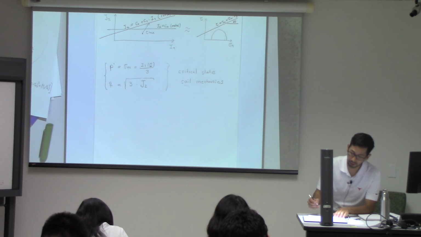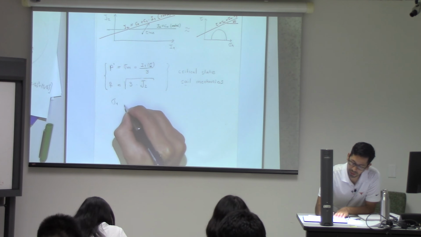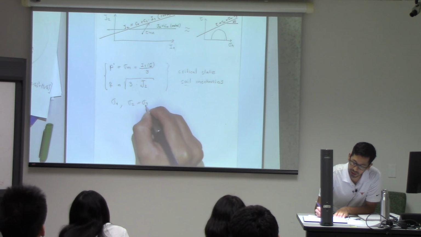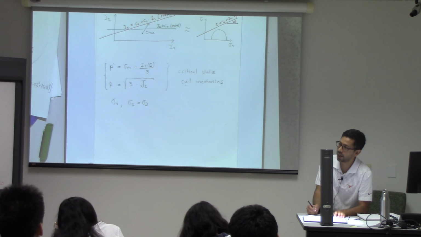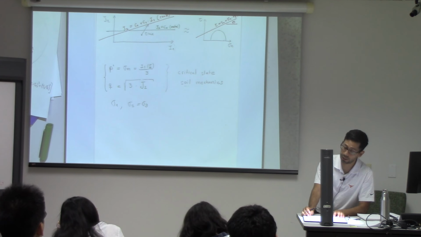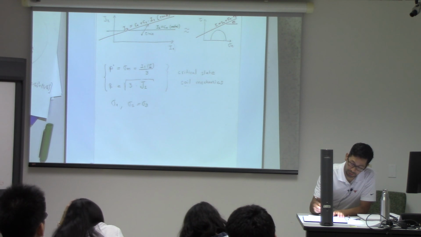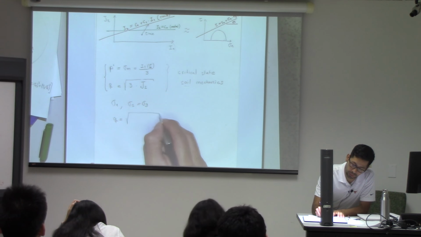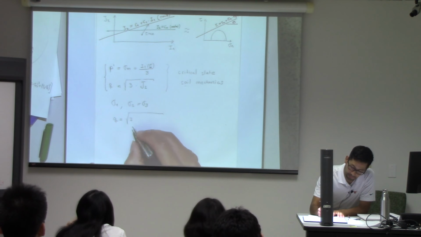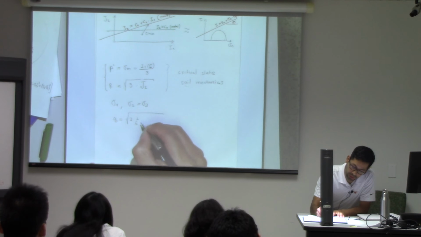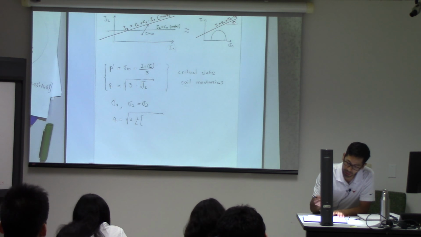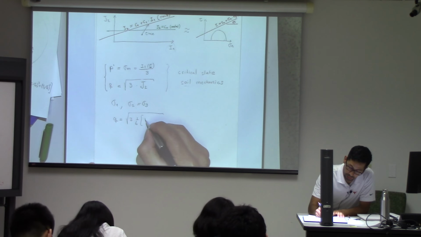Convenient. If you have a state of stress in which sigma 1 is a given value and sigma 2 is equal to sigma 3, as happens in many laboratory tests, you're going to find that Q is equal to square root of 3 times 1/6 of... one of the terms is going to cancel out because there is no difference.